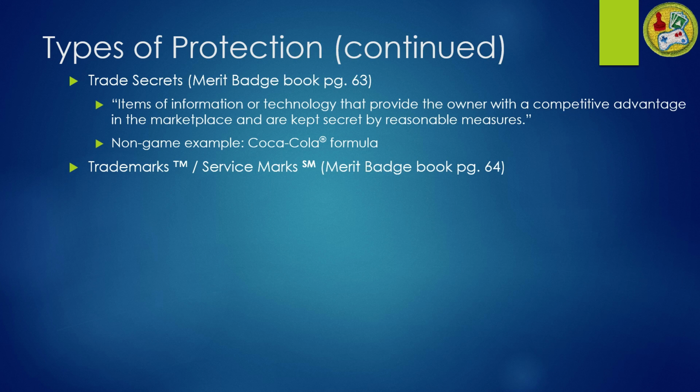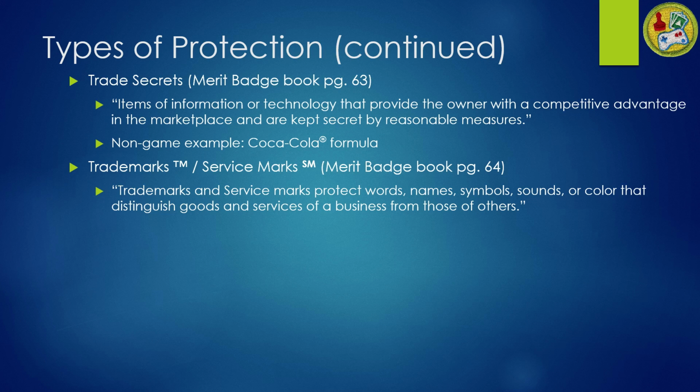Next, the book talks about trademarks and service marks, found on page 64. Trademarks and service marks protect words, names, symbols, sounds, or color that distinguish goods and services of a business from those of others.